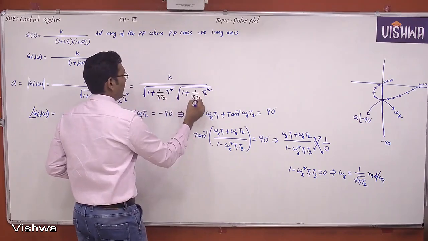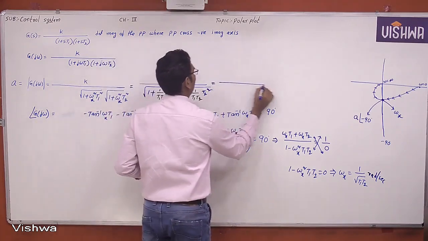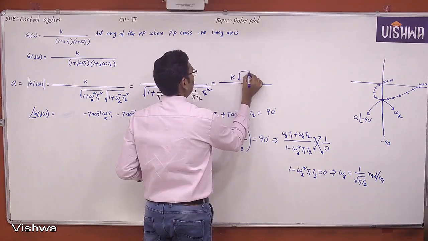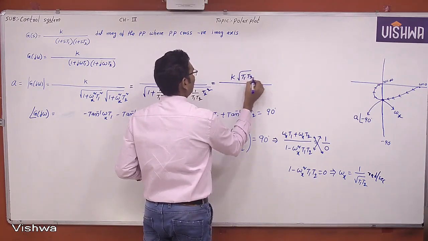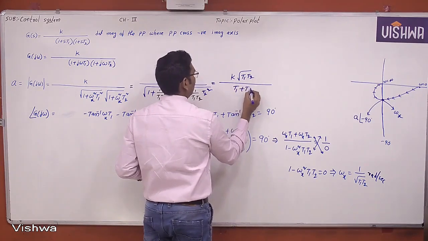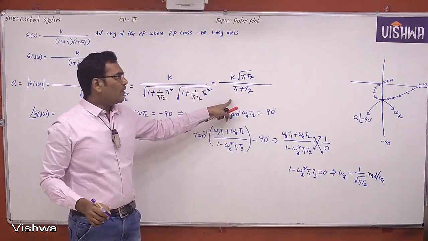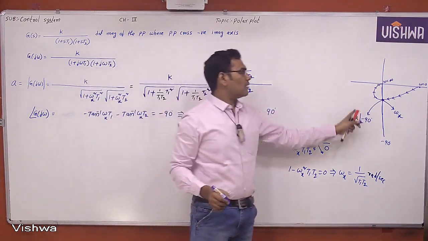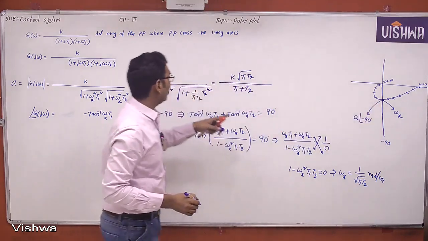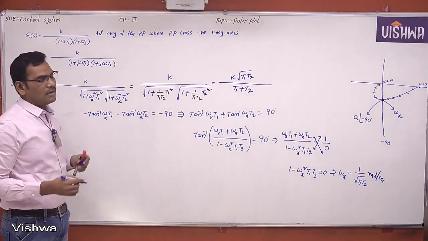Now t1 cancel, t2 cancel, which is equal to k into root t1 t2 by t1 plus t2. This is the magnitude where the polar plot is crossing the negative imaginary axis for this transfer function.